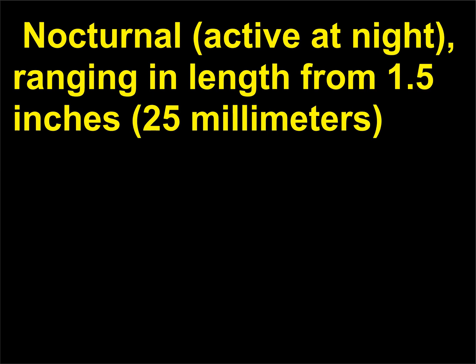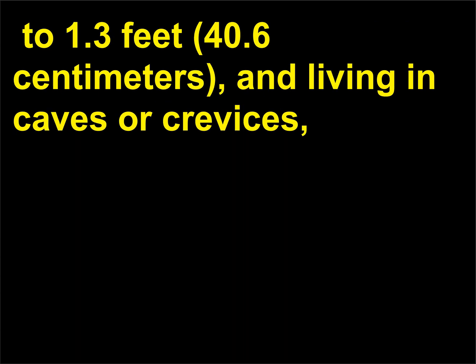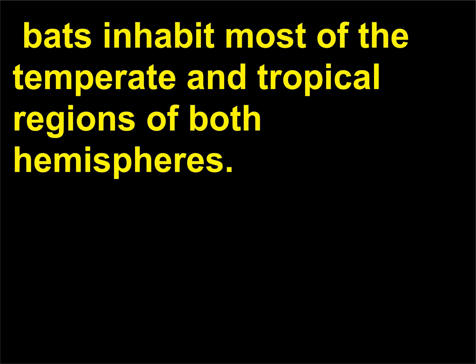Nocturnal, active at night, ranging in length from 1.5 inches, 25 millimeters, to 1.3 feet, 40.6 centimeters, and living in caves or crevices. Bats inhabit most of the temperate and tropical regions of both hemispheres.